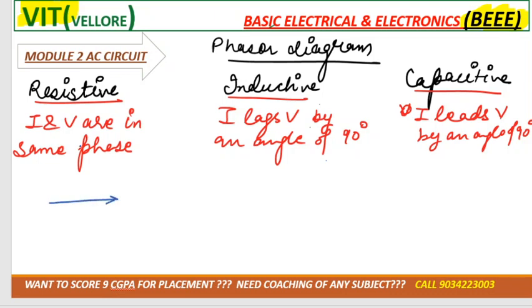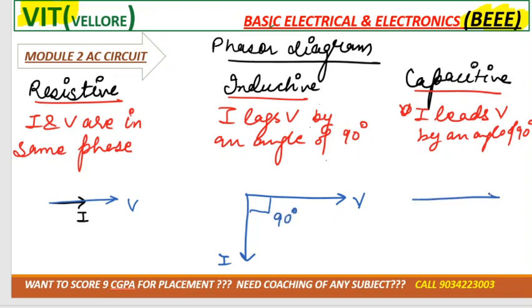Same phase means, generally we take voltage on the x-axis, so current is also on the x-axis. Clear? Similarly, here voltage is on the x-axis and current lags. Lags means on the downward side by 90. Here voltage is there and current leads by an angle of 90. Got it?